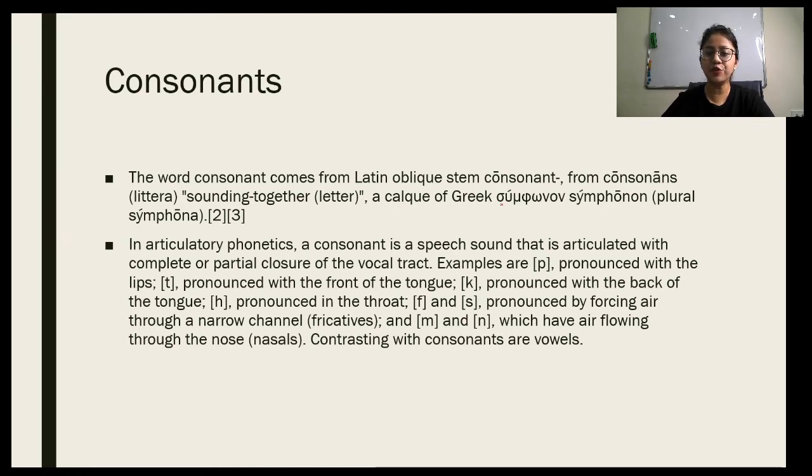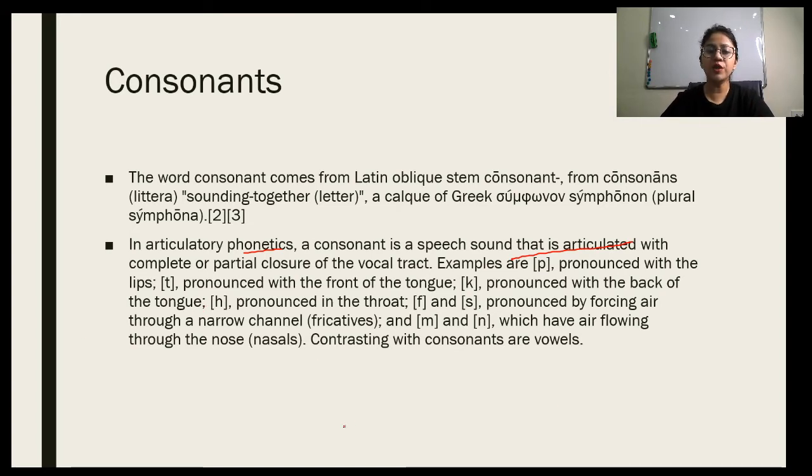A calque of Greek symphonon, plural symphona. So it's a very complicated definition which the dictionaries give us. But consonants are mostly sounds which are not vowels. In articulatory phonetics, a consonant is a speech sound that is articulated with complete or partial closure of the vocal tract.